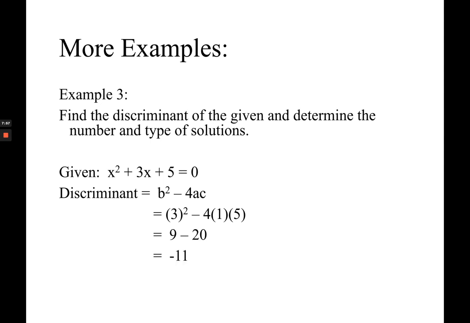If you have a negative, it means you will have imaginary numbers, because negative 11 will be inside your square root, and it's not possible to have a negative square root. Therefore, you have two complex roots.